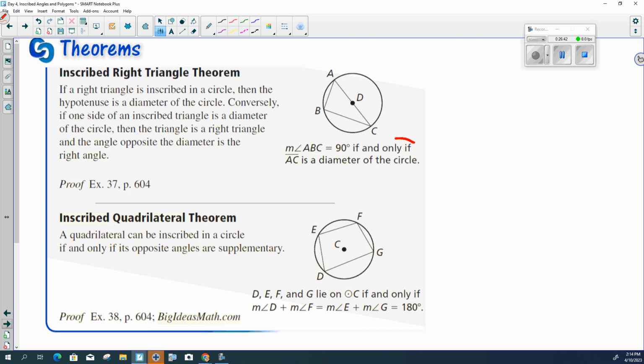This is an if and only if. When he got to the middle of that, he said conversely, it just means it's that revolving door. So you can start knowing it's a right triangle and conclude that the hypotenuse is the diameter. Or you can go backwards. You can start knowing that you've got a triangle with one side as a diameter and conclude it must be a right triangle. It can go both ways.